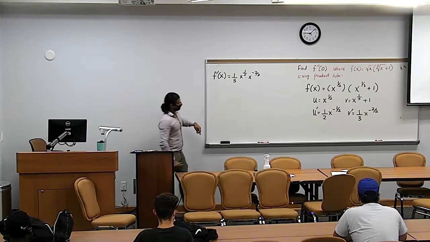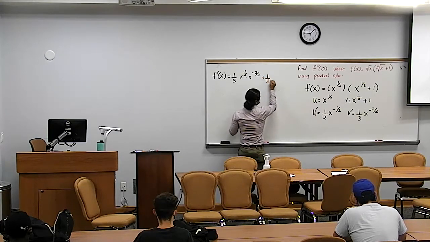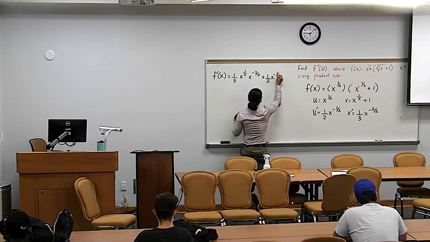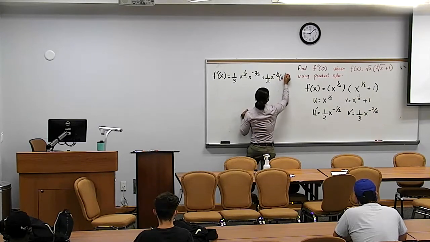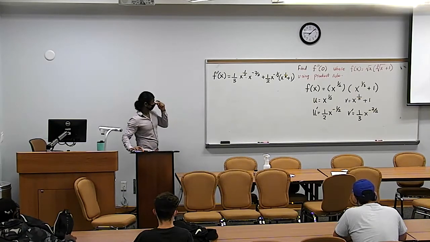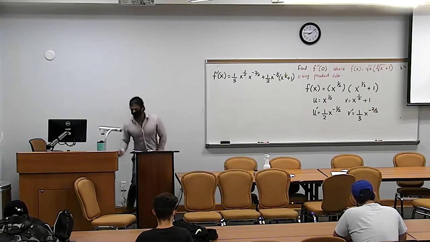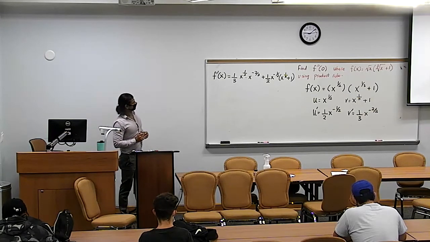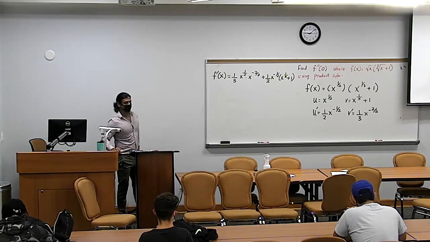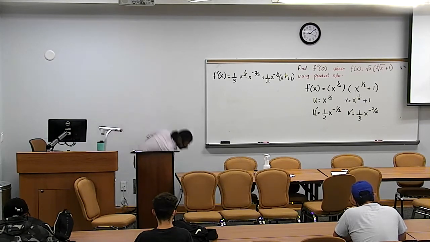V u prime, 1/2 x raised to minus 1/2 multiplied by x raised to 1/3 plus 1.